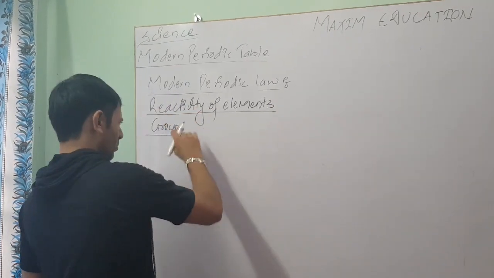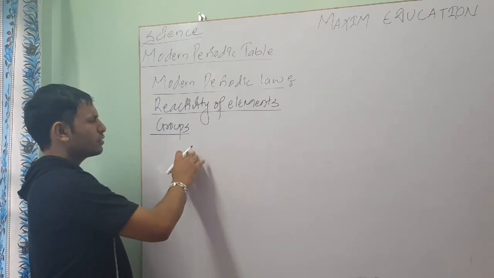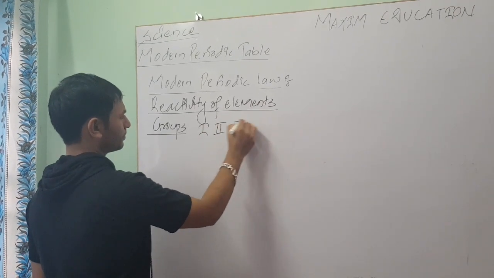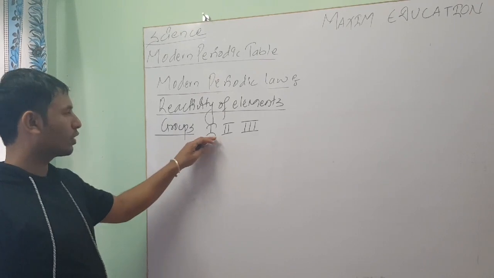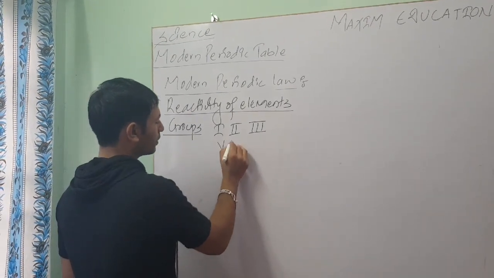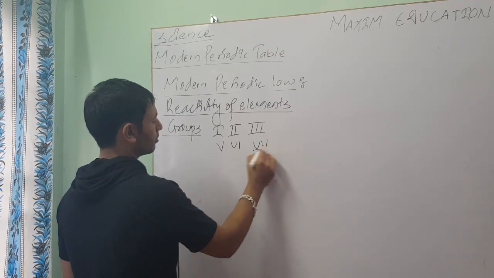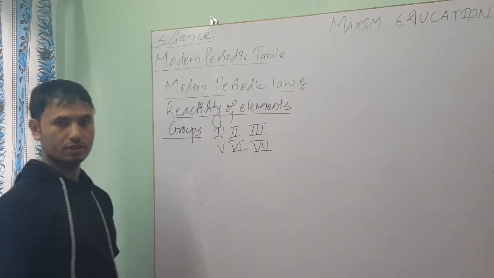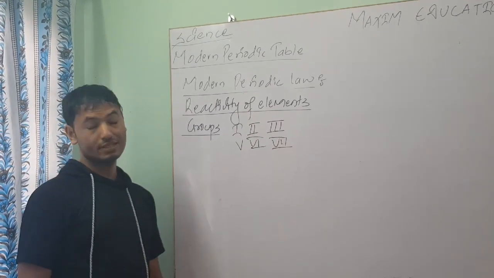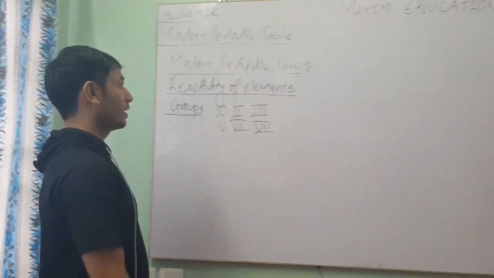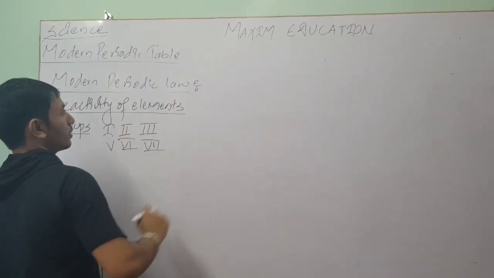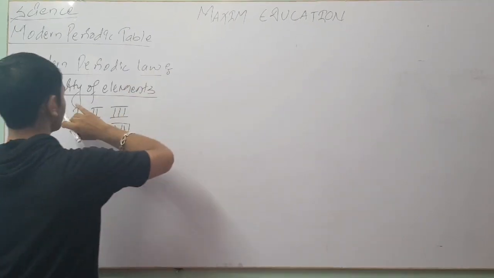We talk about the reactivity of elements of groups 1st, 2nd and 3rd, and reactivity of the elements of groups 5th, 6th and 7th the most. Now let's go towards the reactivity of elements of groups 1st, 2nd and 3rd. Let's talk about group 1st. We will give the example of group 1st.